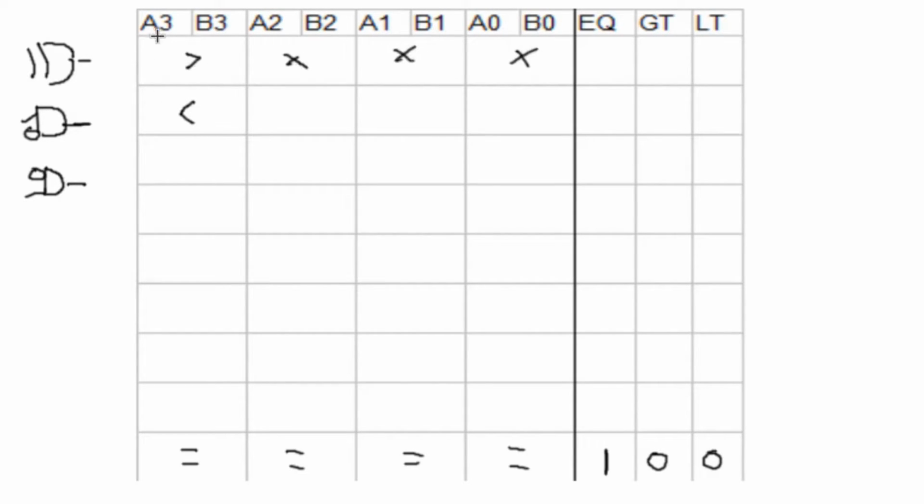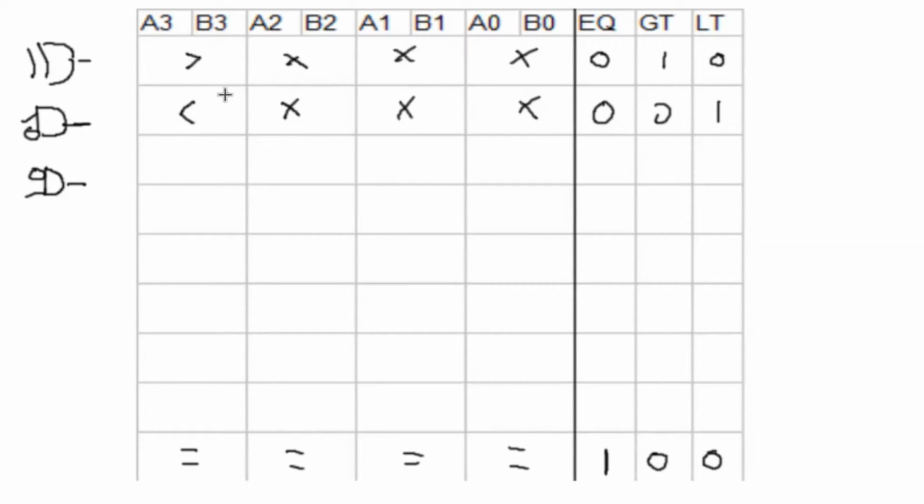And at that point, we've immediately determined that A is greater than B, so we would put a 1 in the greater than flag, and all other conditions are 0. Likewise, if we find that A3 is less than B3, we again don't care what the rest of the bits say, and we know that A is less than B. So a 1 in the less than flag and a 0 everywhere else.